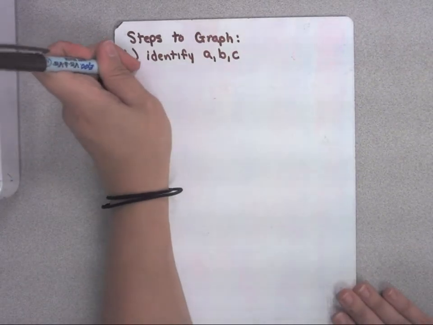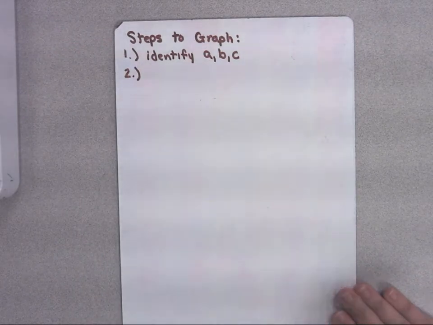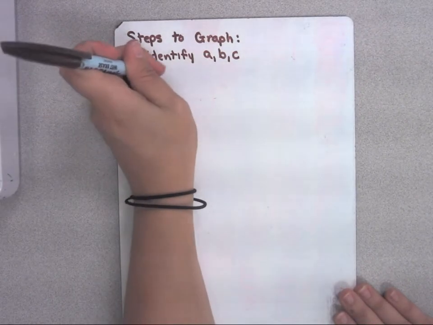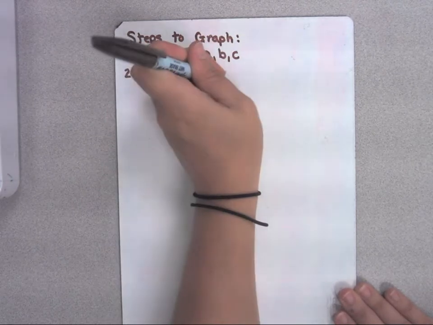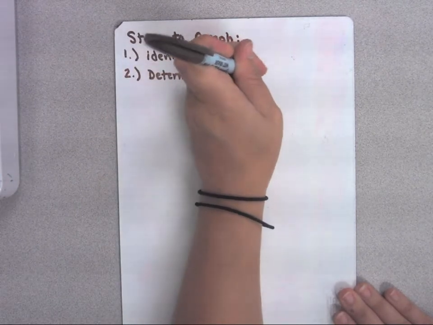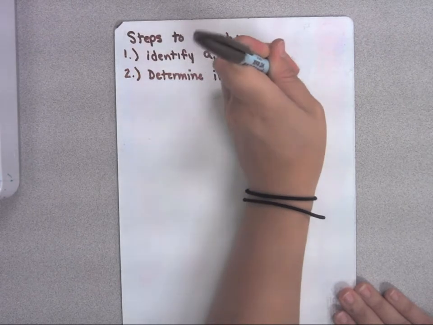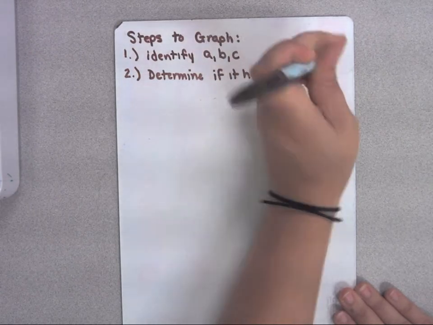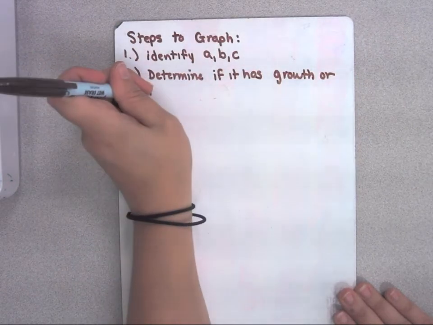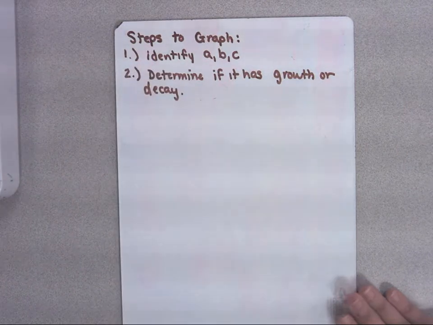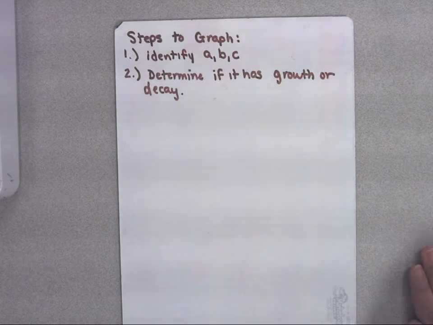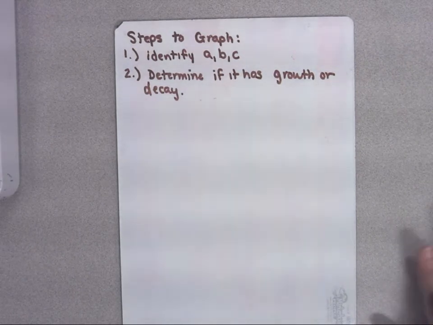Next, so step 2, we're going to determine if it has growth or decay. So we just have to look at B. Just look at B and say, is it growth or decay? Based on if it's greater than 1 or between 0 and 1.